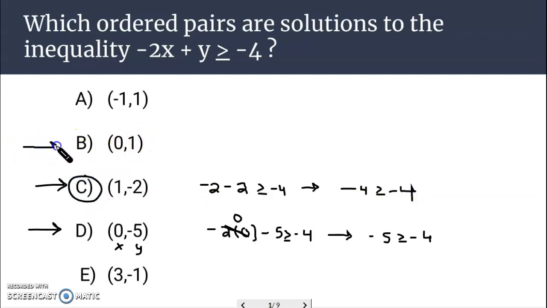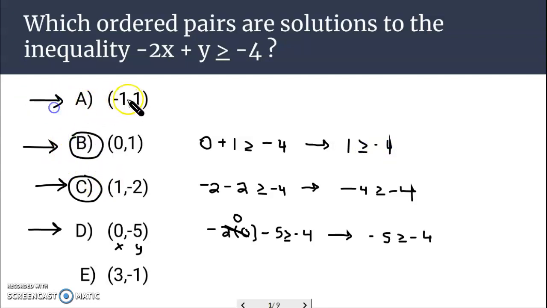Now let's check out B. Putting a 0 in for x. Negative 2 times 0 is 0. A 1 in for y. Greater than or equal to negative 4. And then basically we're asking, is 1 greater than or equal to negative 4? And it is. B also works.